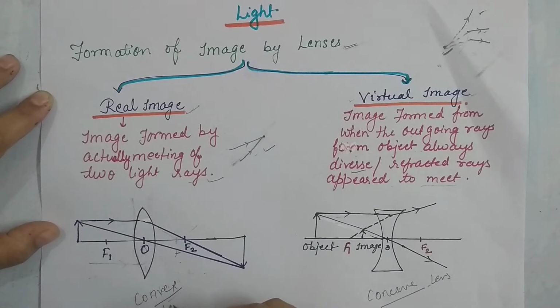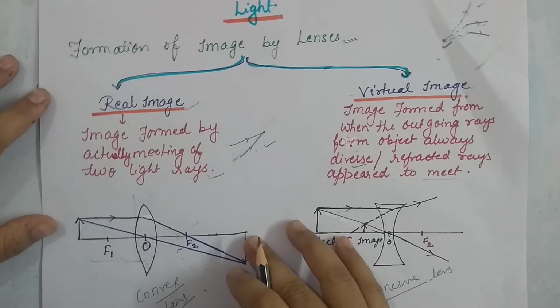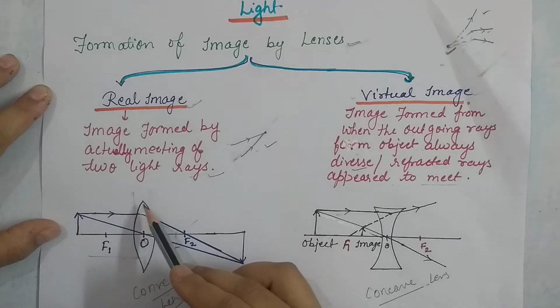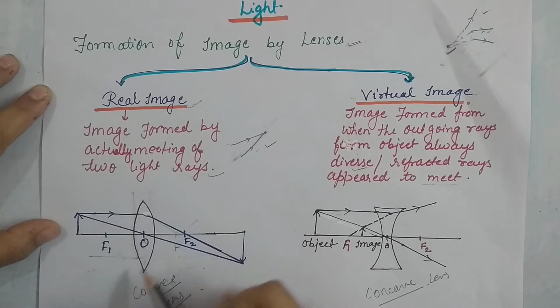The convex lens is made up of two parts of a sphere, and it is thin at the edges and thick in the middle.